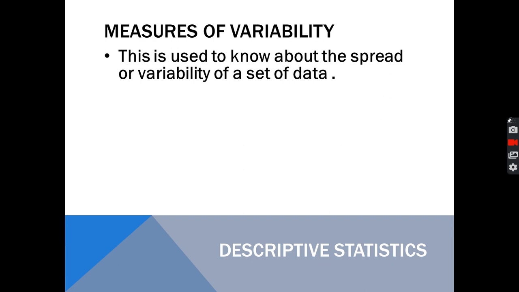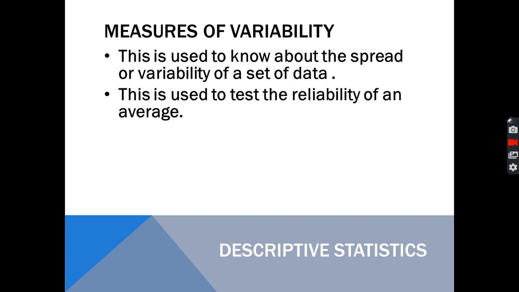So how one value differs to the other values. This is also used to test the reliability of an average. So that we can give a better image or picture of a data set, we need to use both the measures of central tendency and the measures of variability.